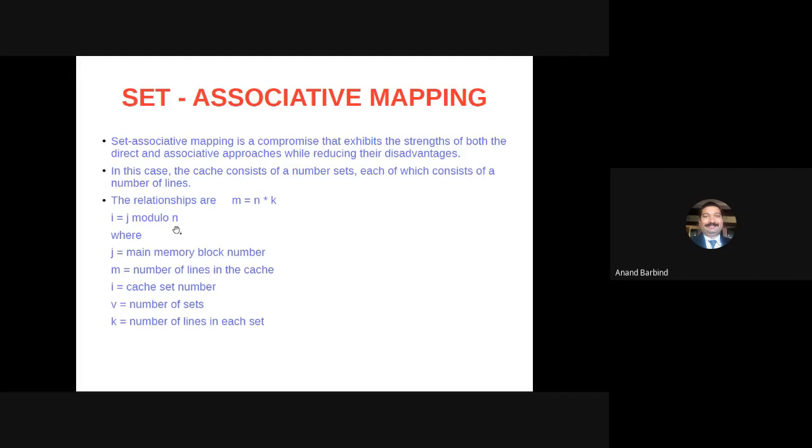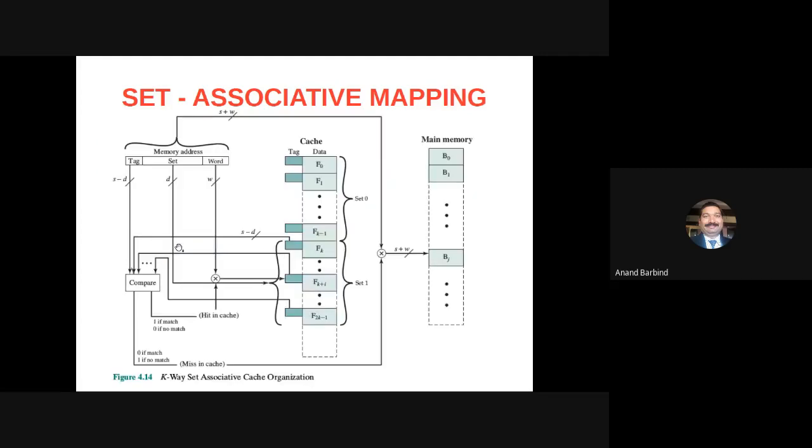So it is divided by the number of sets. You can see here that you have a number of sets. In the first set there are k lines, and in the second set, set number 1, k lines are there.